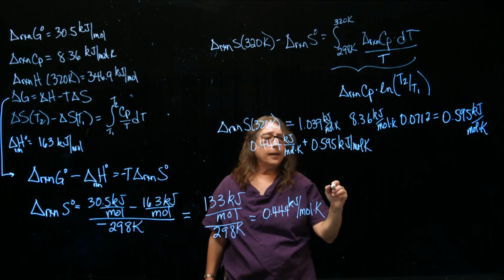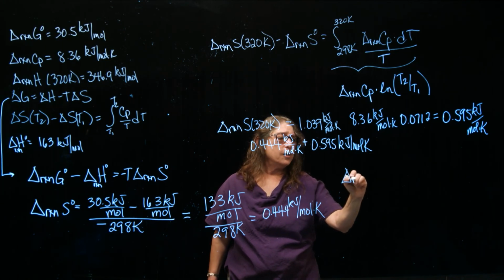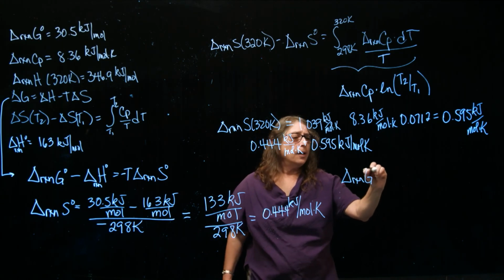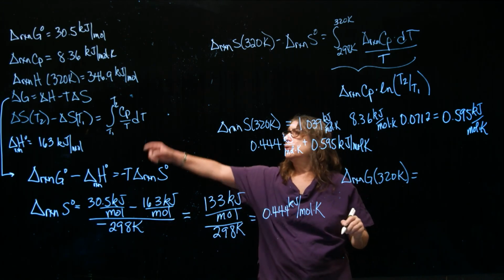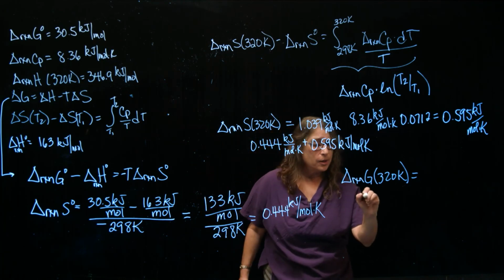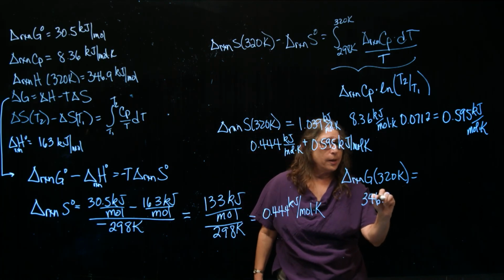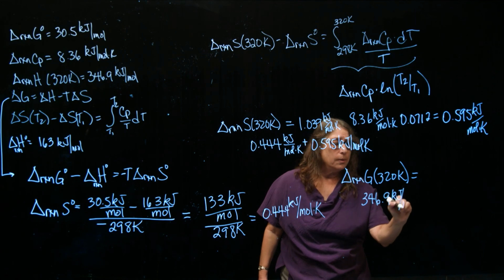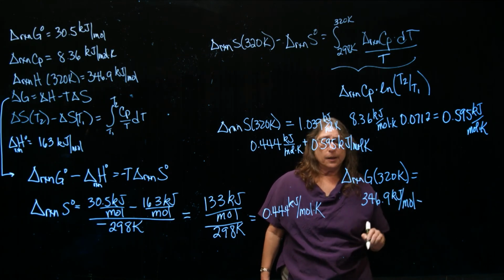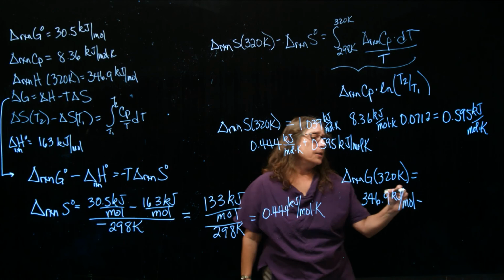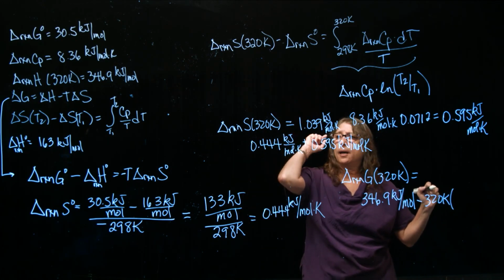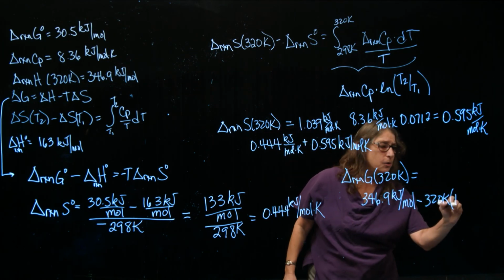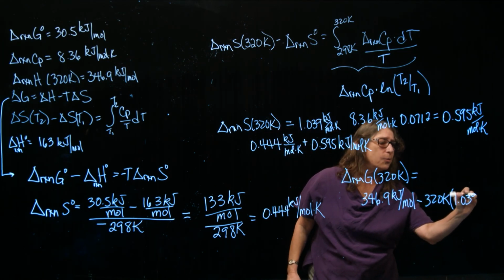And now I can get my Gibbs energy change for the reaction at 320 Kelvin. And this is equal to the enthalpy of the reaction, 346.9 kilojoules per mole. And I'm going to subtract off temperature, 320 Kelvin, times my entropy change, 1.039 kilojoules per mole Kelvin.